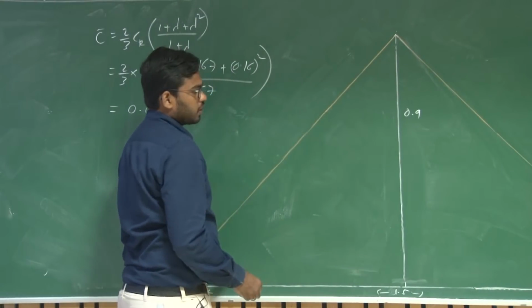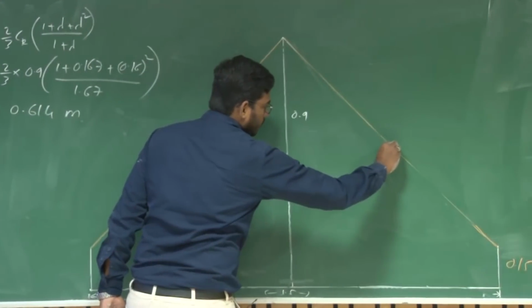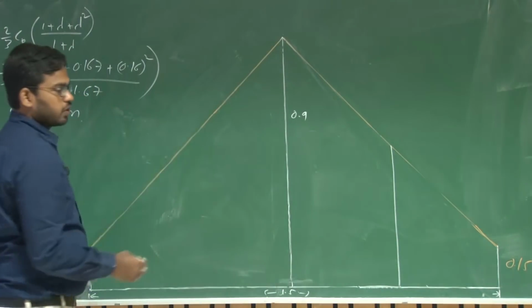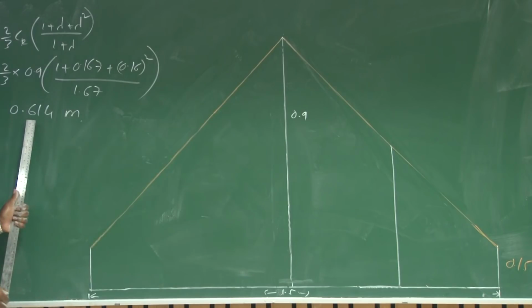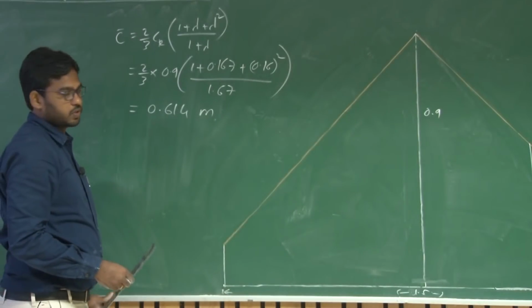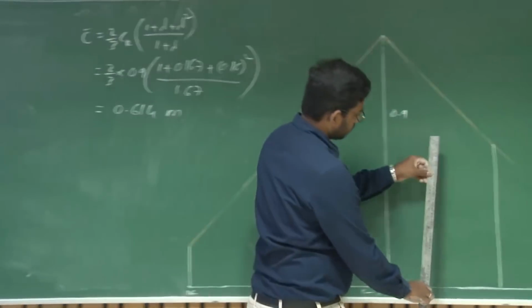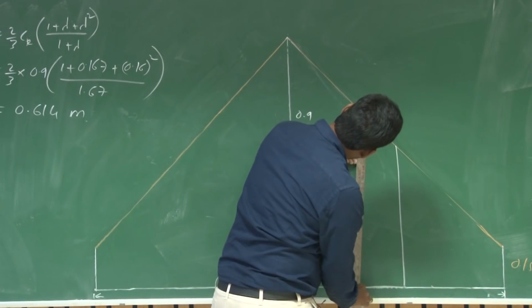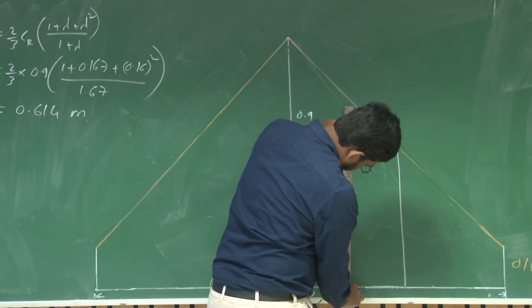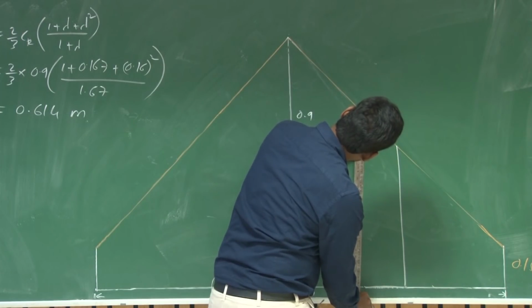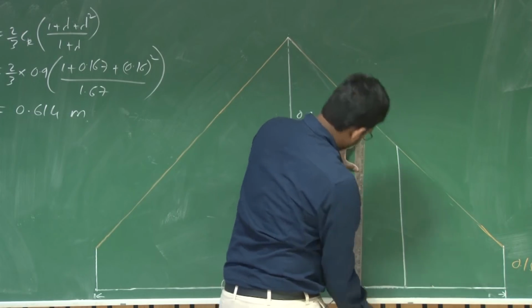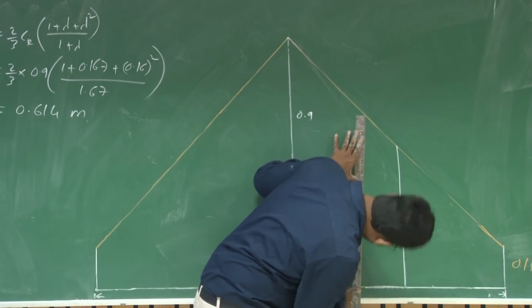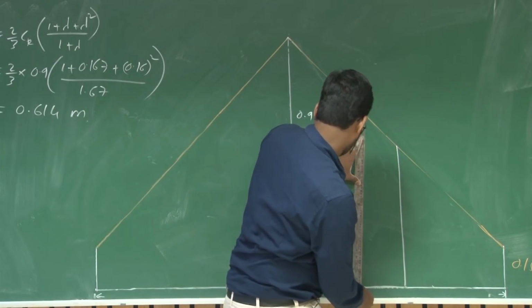So, what is the mean aerodynamic chord? It is the chord at a particular location where your chord length is 0.614. Where is it? Approximately 0.614.